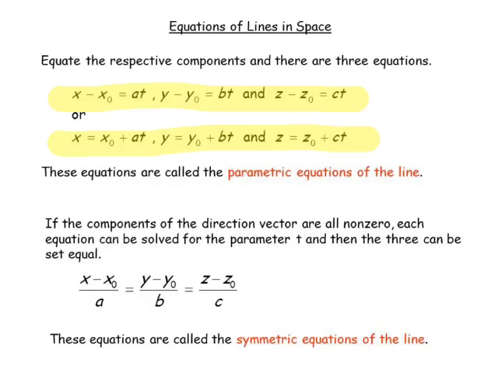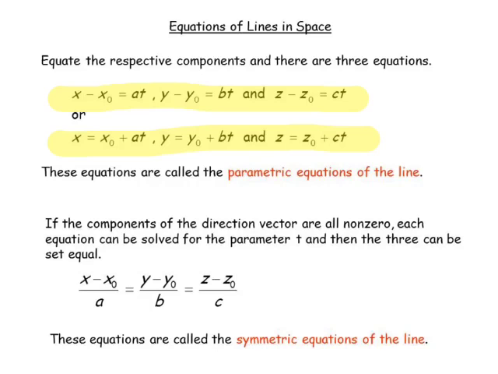We also have what we call the symmetric equations of the line, which basically means you're solving for t in the parametric equations above. That t is going to be the same throughout. The x and the t will stay.